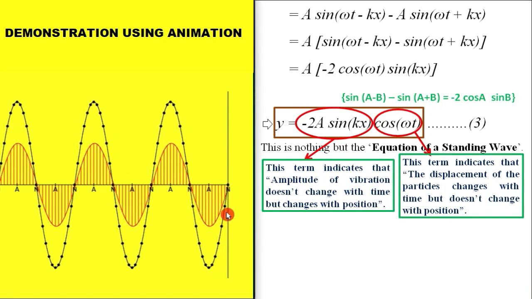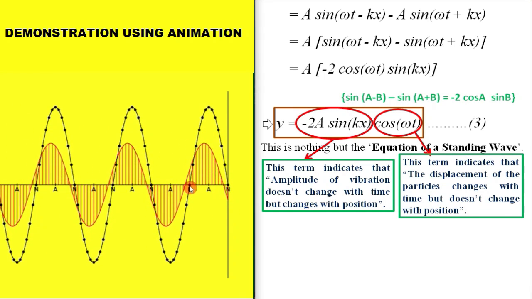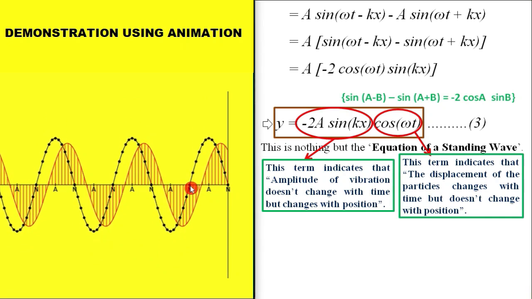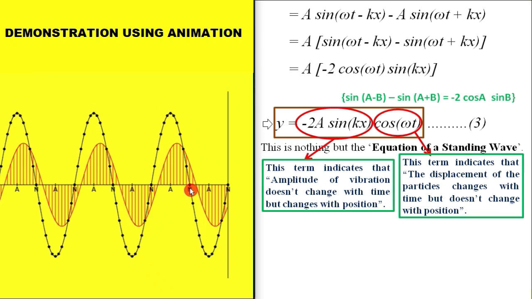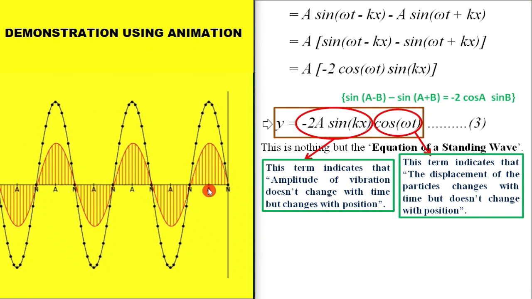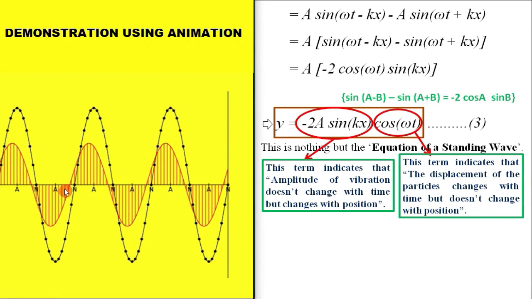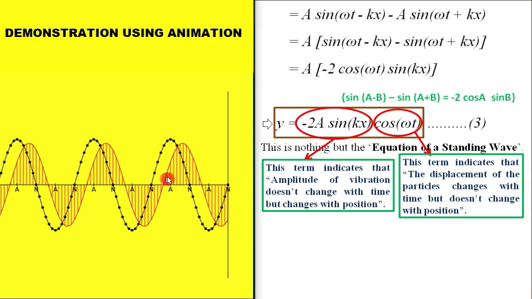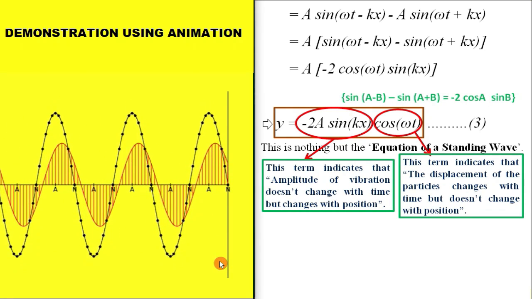But look at this N particle. You can see that particle is not moving at all. Is it clear? The A particle moves up to the maximum and down to the minimum, but wherever the N's are written here, all those particles are not moving at all. They are completely at rest at their own position.